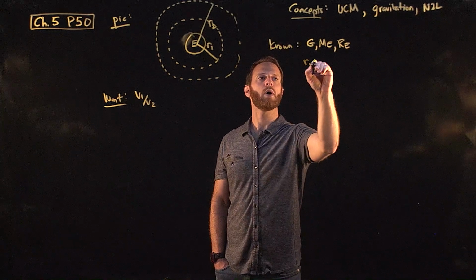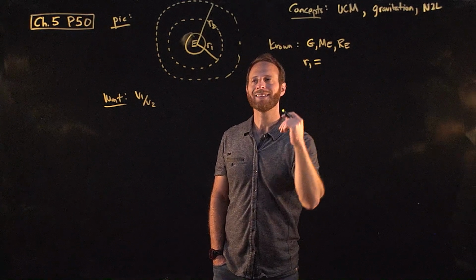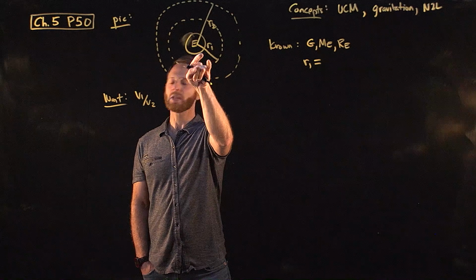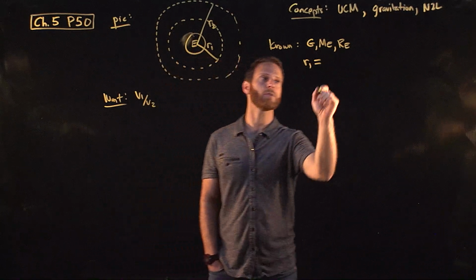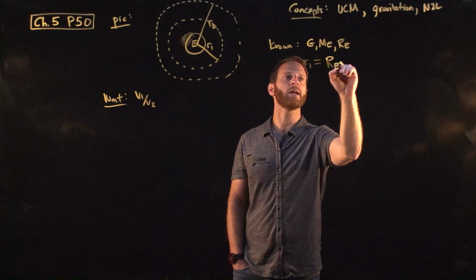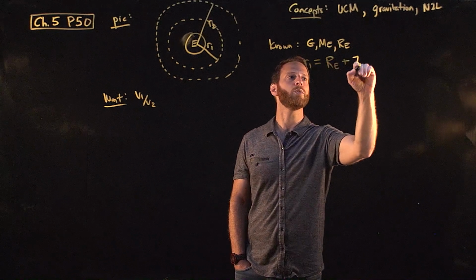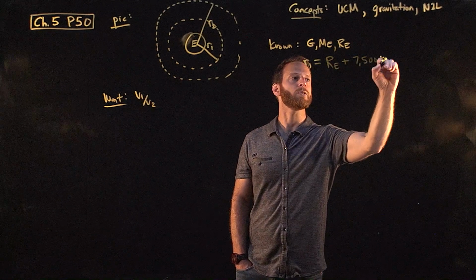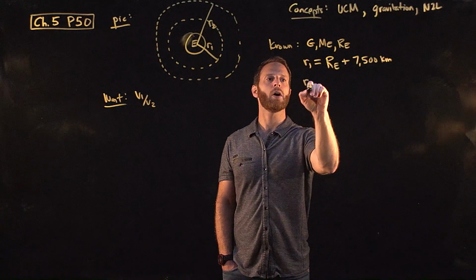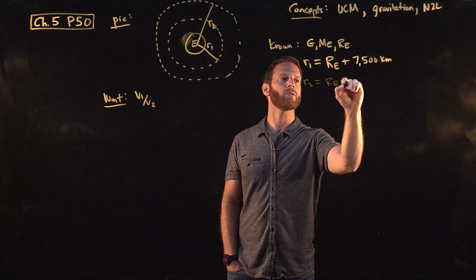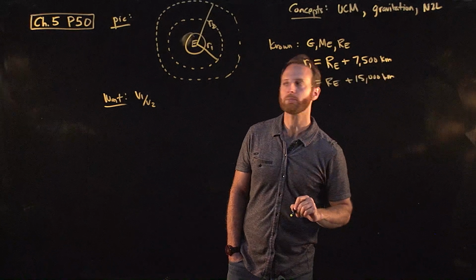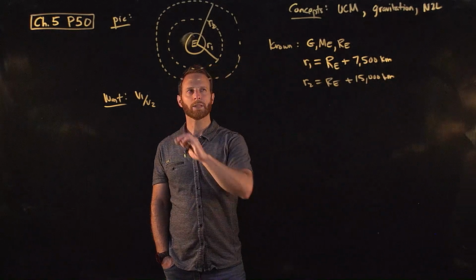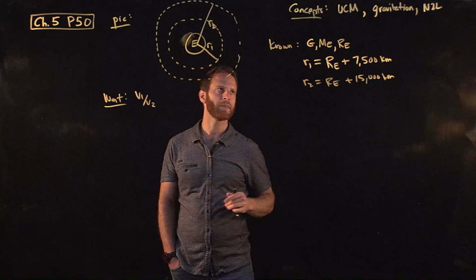We know that R1 is the distance of 7,500 kilometers, measured from the surface of the Earth, plus the radius of the Earth. An easy mistake to make is to forget to include the radius of the Earth in that number. R2 is then the radius of the Earth plus 15,000 kilometers.